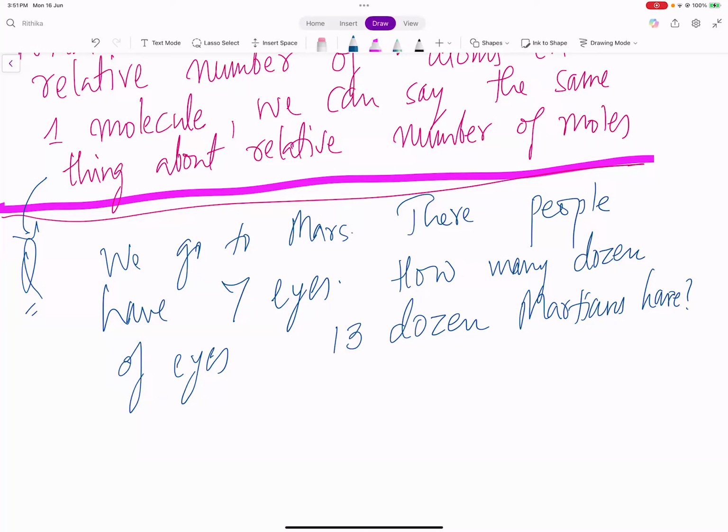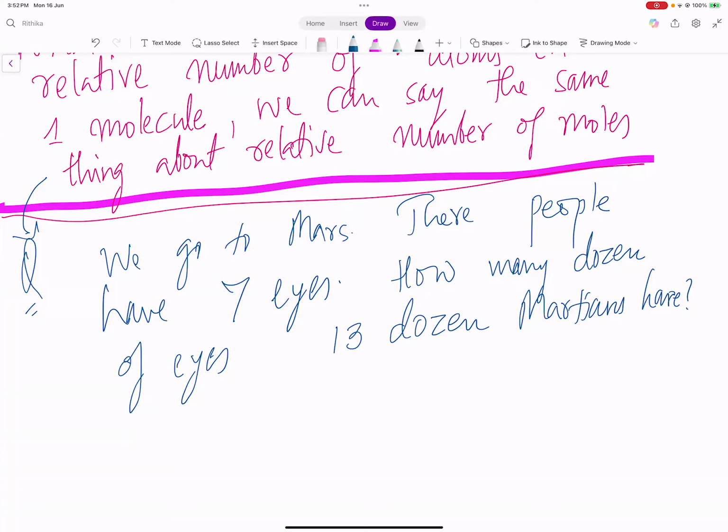So the number of Martians or the number of people is 156. Then the number of eyes would be 156 into 7, so 1092 eyes.